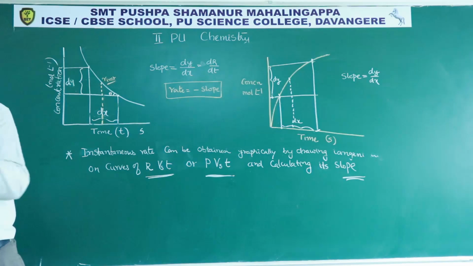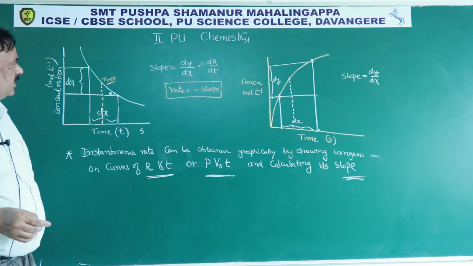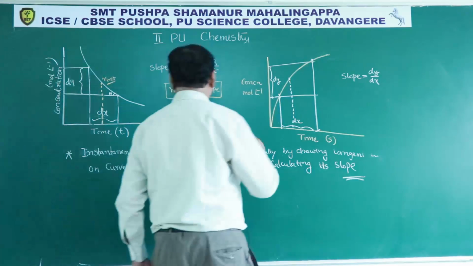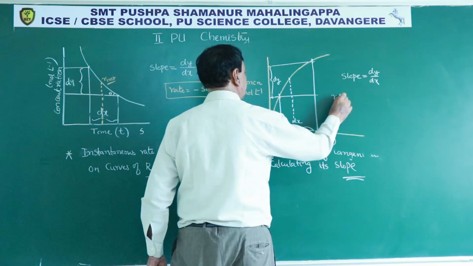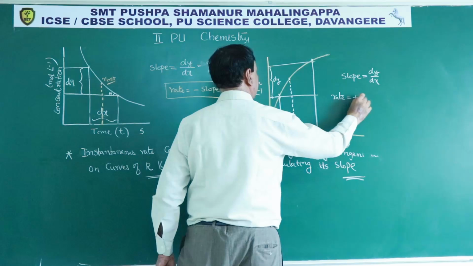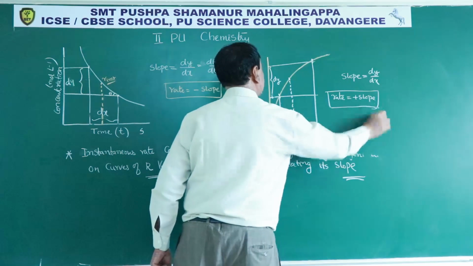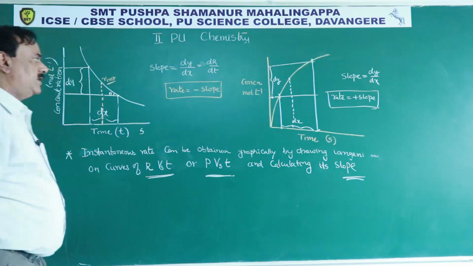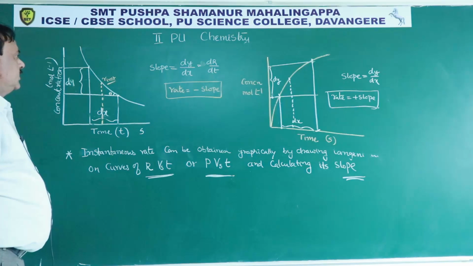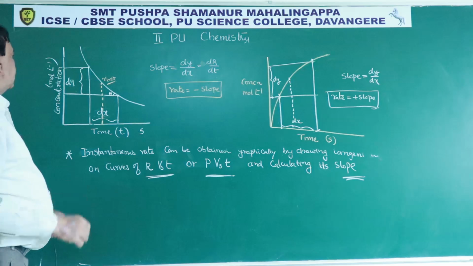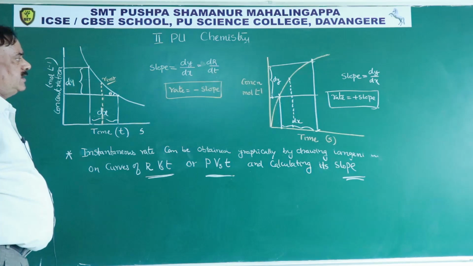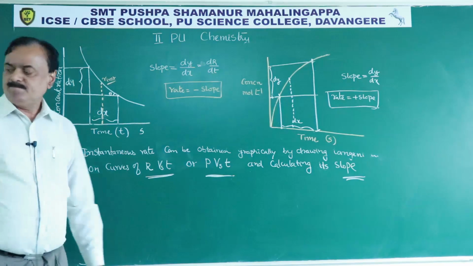Here rate is equal to plus slope, while for the reactant rate is equal to minus slope, because the product side is positive and the reactant side is negative. These are the graphs that indicate the average velocity and instantaneous velocity of the chemical reaction. Okay?